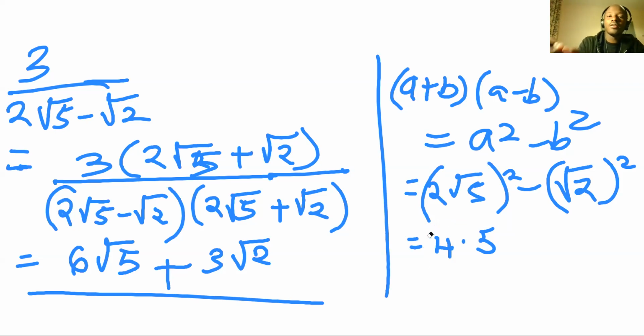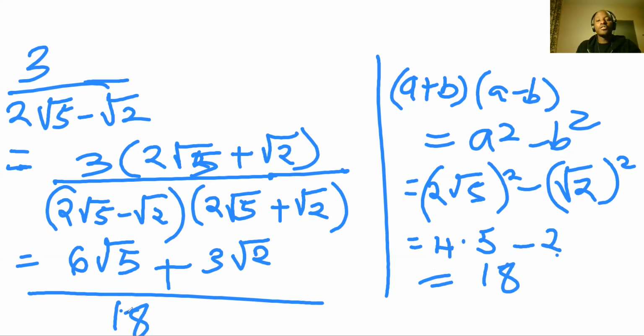Minus root 2 squared, that is root 2 times root 2, which is root 4, and root 4 is just 2. So 4 times 5 is 20. 20 minus 2 is 18. So that is over 18.